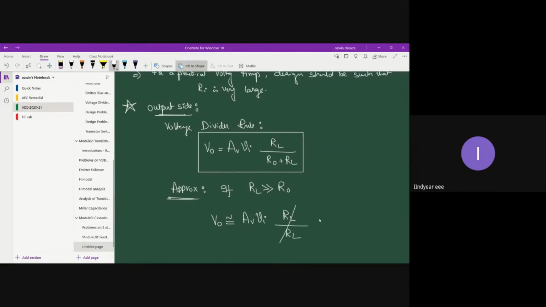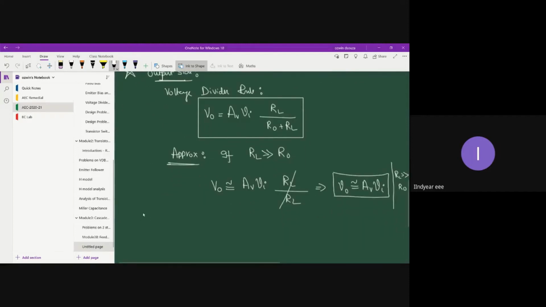So this gets cancelled off. So you would get V naught approximately equal to AV into VI, provided RL is very large in comparison with R naught.